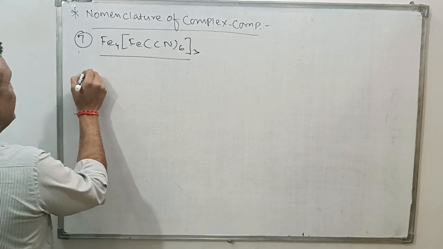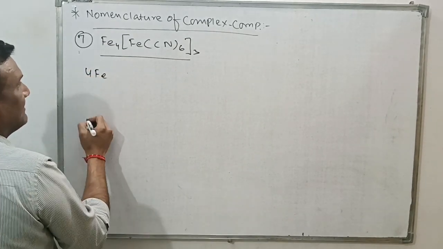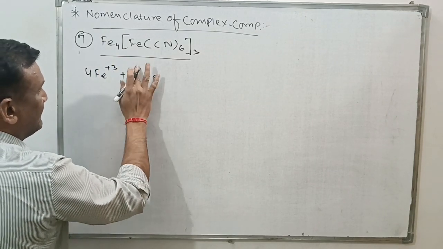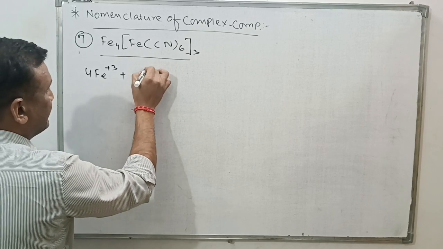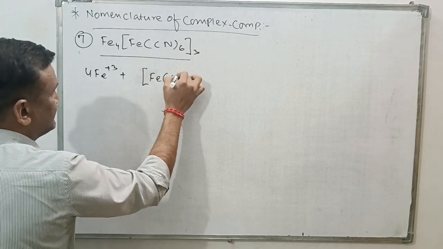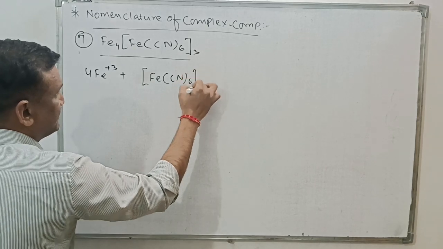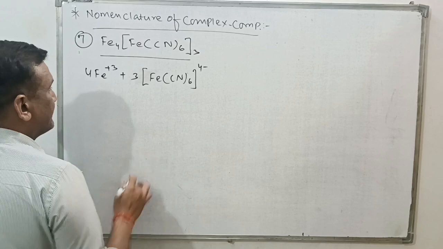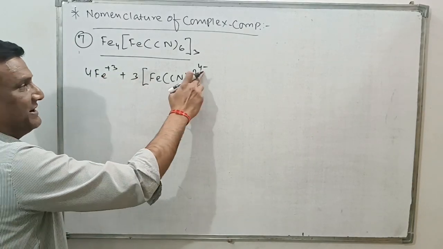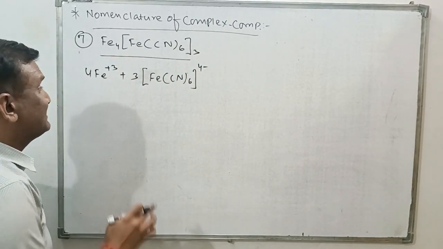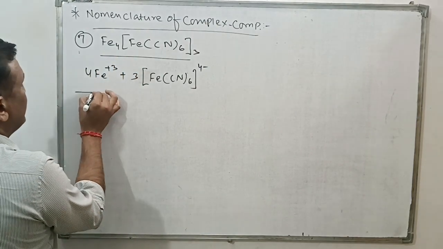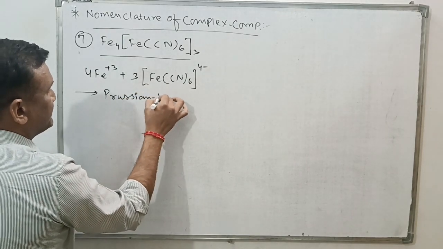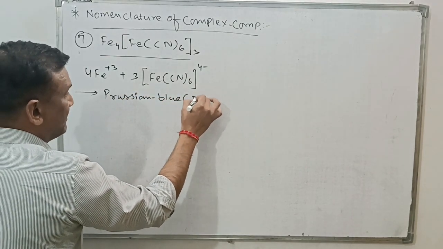It ionizes as follows: 4 Fe3+ plus [Fe(CN)6]4-, taken 3 times. The charge is minus 12 plus 12, which cancels. This type of complex compound is very important because it is called Prussian blue.